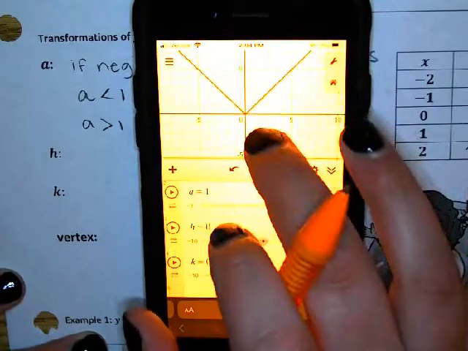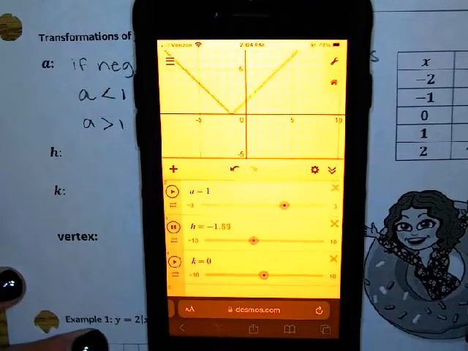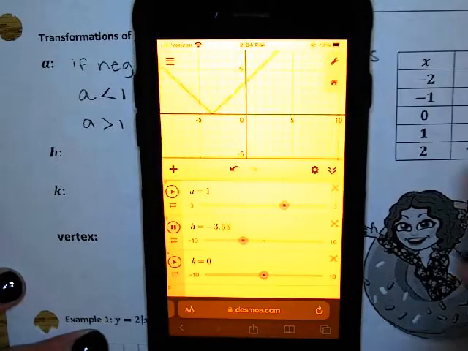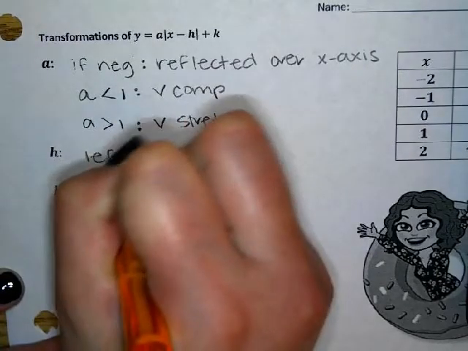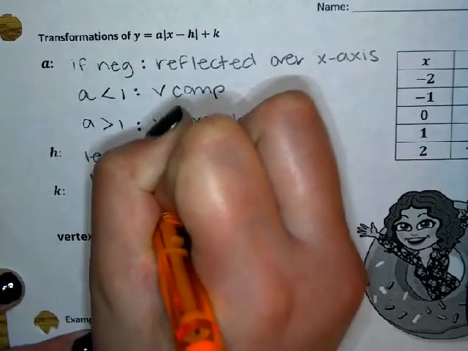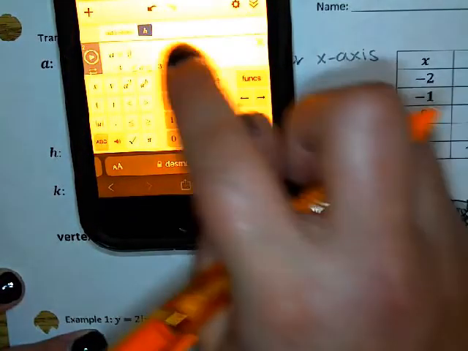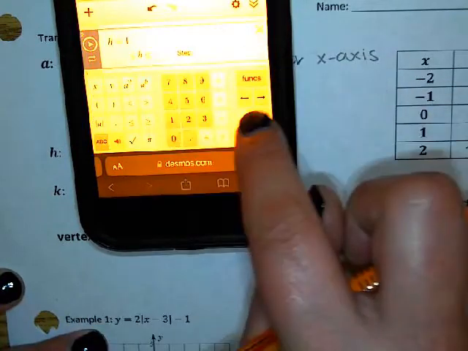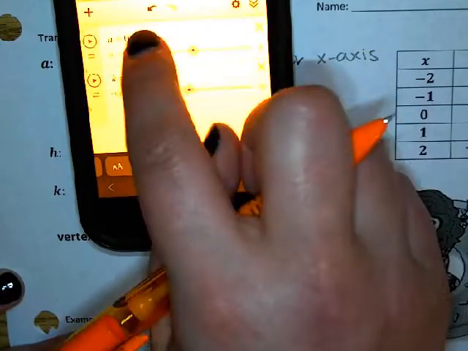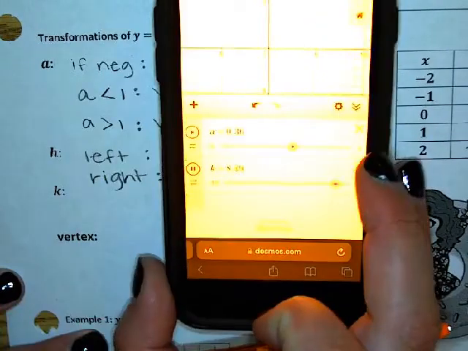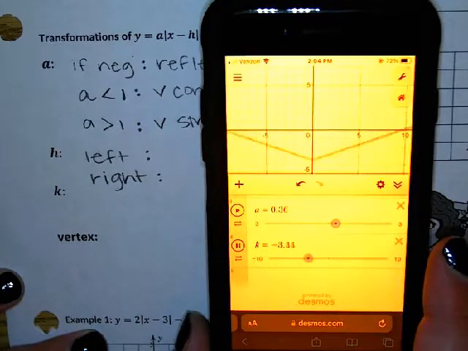Okay. Put this back in the middle, and now let's see what the H does. So that H value takes the graph and it moves the graph from left to right. Okay, so we've got left and right. Okay, and then we have the K value, which you can see, this K value moves the graph up and down.